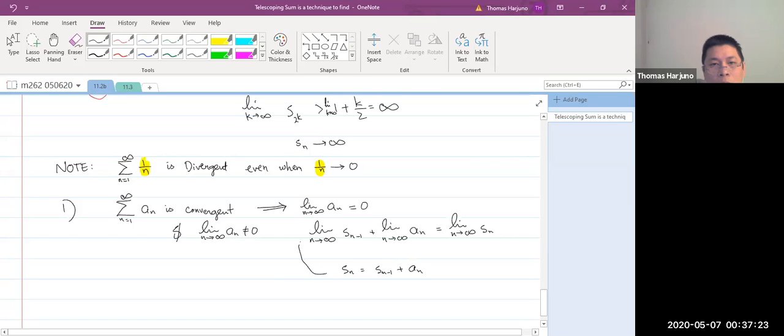Now when it is convergent, this sum here should be the same as that sum.